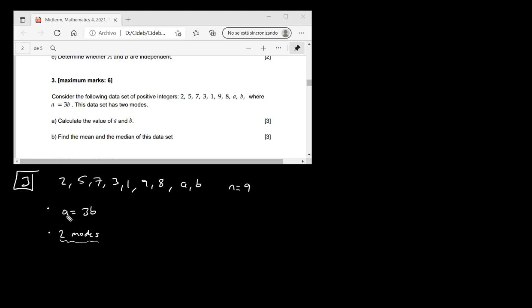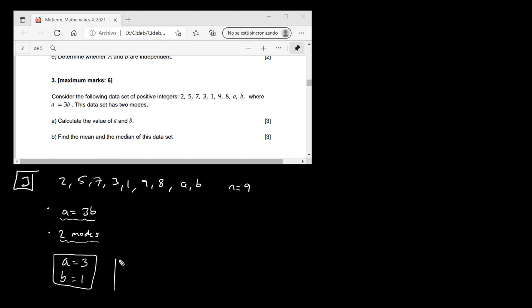But then I have another restriction, that A should be 3 times B. When you play with these two facts, you come to the conclusion that A could be 3 and B could be 1, because in this way this complies with this equation. Just substitute these two numbers in here, and it's going to be satisfied.